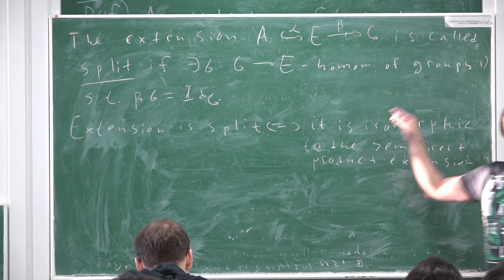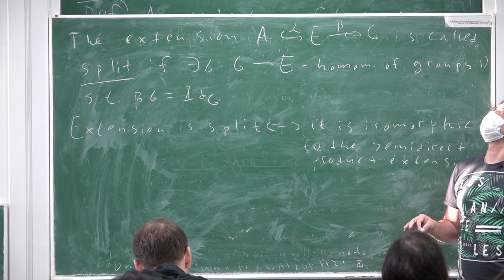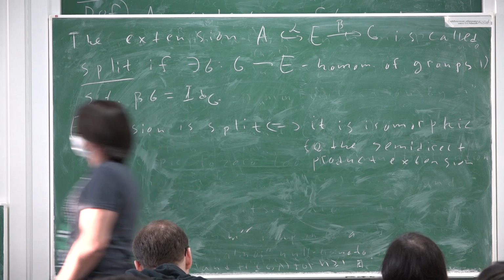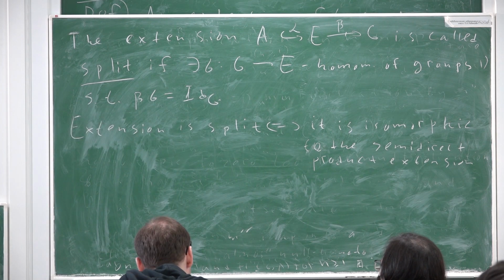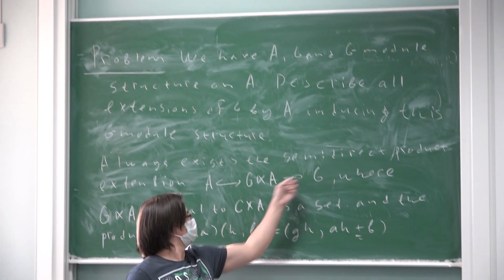Do you know this or not? If you have a semi-direct product, then of course it is split because here G is a subgroup, and you can simply send G to G0.